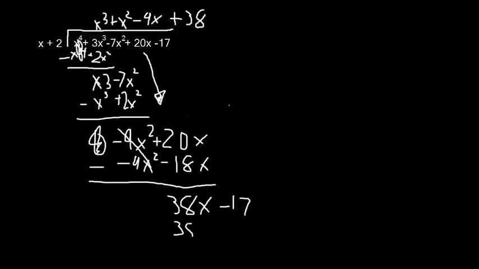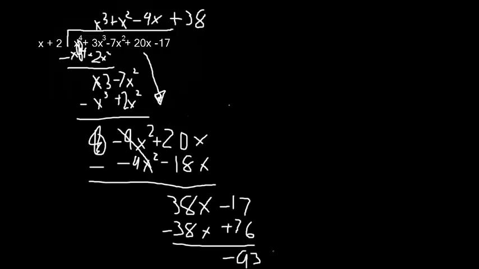Please don't pull out your calculators for this. 38 times 2, just 40 times 2 minus 2 times 2, that's positive 76. And once again, beware of signs. Minus 17, minus 76. If you really need to, I like to flip it over and think of it as 17 plus 76, and then flip the sign, so it would be minus 93.